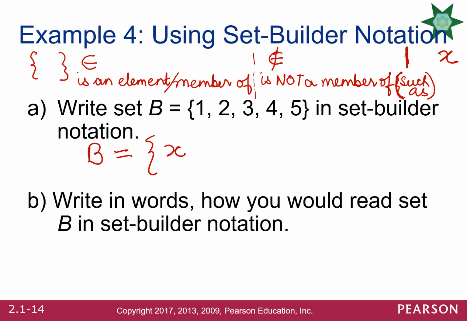So we are writing x to represent these numbers, and that is followed by this vertical bar, which reads "such that". So this vertical bar reads "such that". So we are saying x is an element such that x is a member.